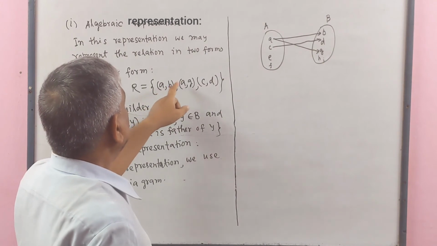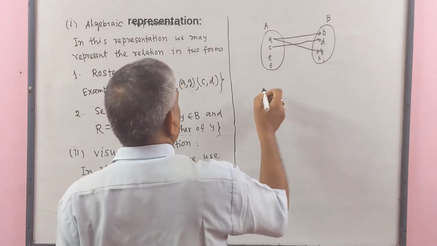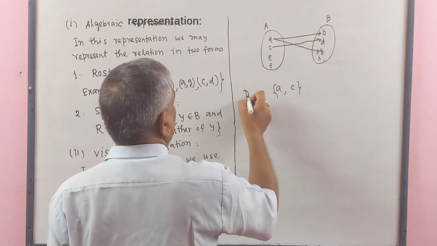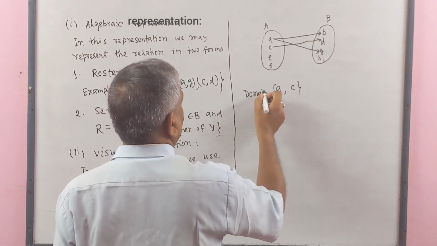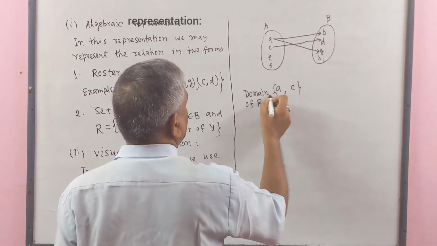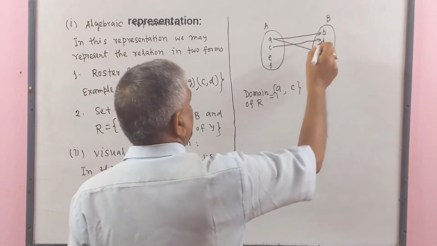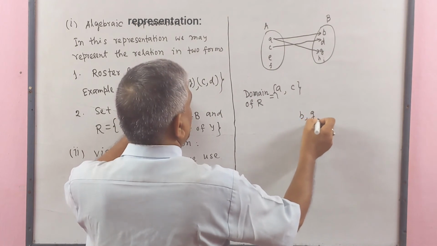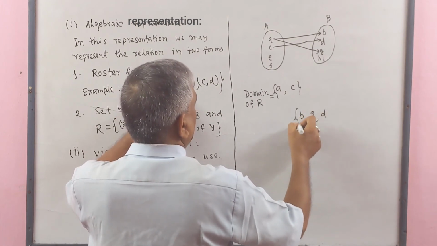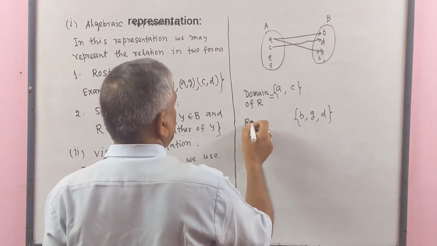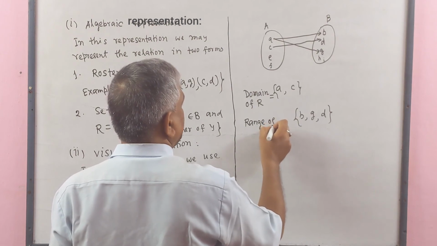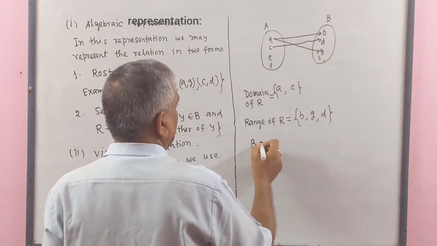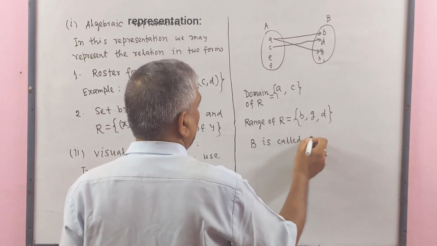Here, first component of ordered pair B, A, C. This is called domain of relation R. And second component B, G, D. This is range of relation R. This B is called codomain.